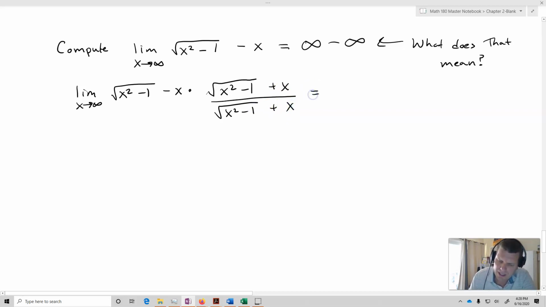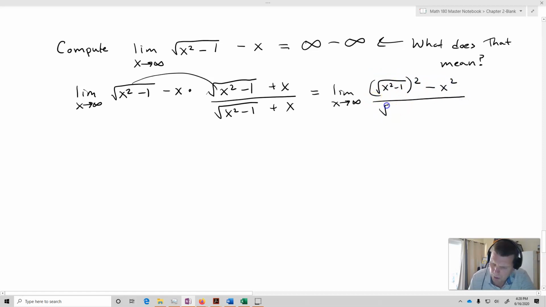And so this is now going to give me the limit as x approaches infinity of, by the difference of squares, the square root of x squared minus 1 squared minus x squared over the square root of x squared minus 1 plus x.